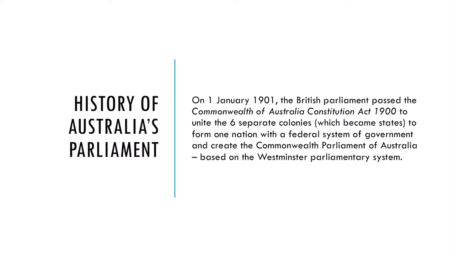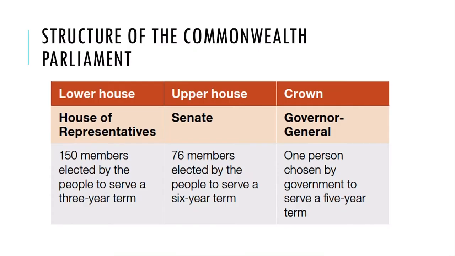Looking a little bit closer now, we can see that the Commonwealth Parliament actually has 3 distinct parts. The first is the lower house, which is the House of Representatives. This figure, 150, is now changed to 151 as of the 2019 election to keep up to date with changes in Australia's population.